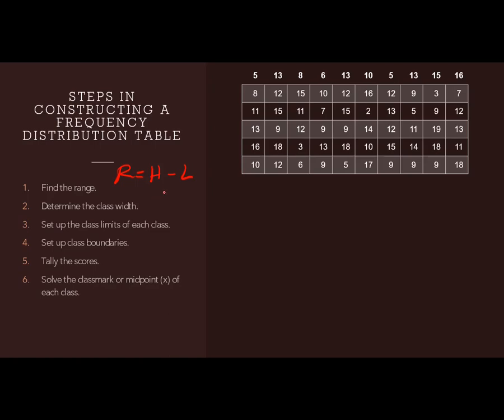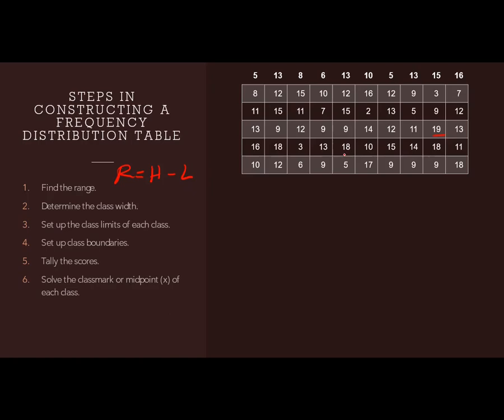So if we are going to look into the table, we are going to look at it one by one. In this case, we will be able to get that the highest score is no other than 19.